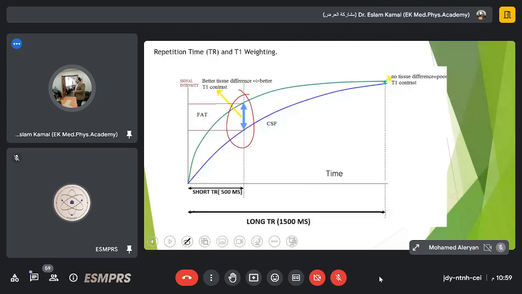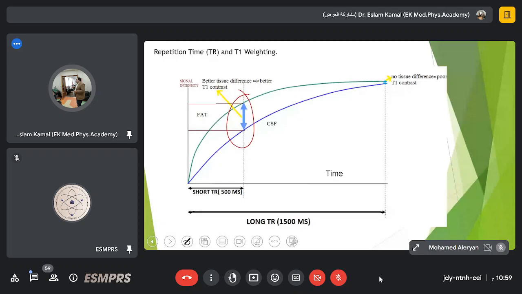At this time, if you look at the transversal magnetization MXY, you get a similar signal for fat and water coming out from the transversal magnetization, but the image will be weighted on the T1 difference between the tissues. That's why we use short TR in a T1 weighted image. Why? To get the maximum difference between the different tissues and to cancel the difference in T2 constant between them.